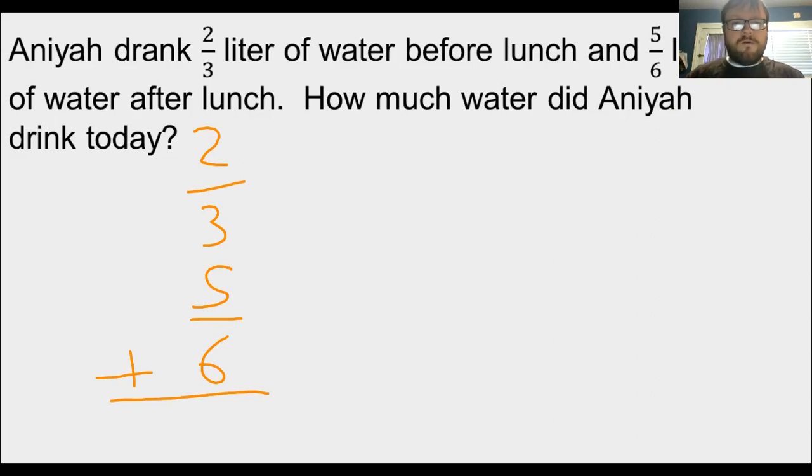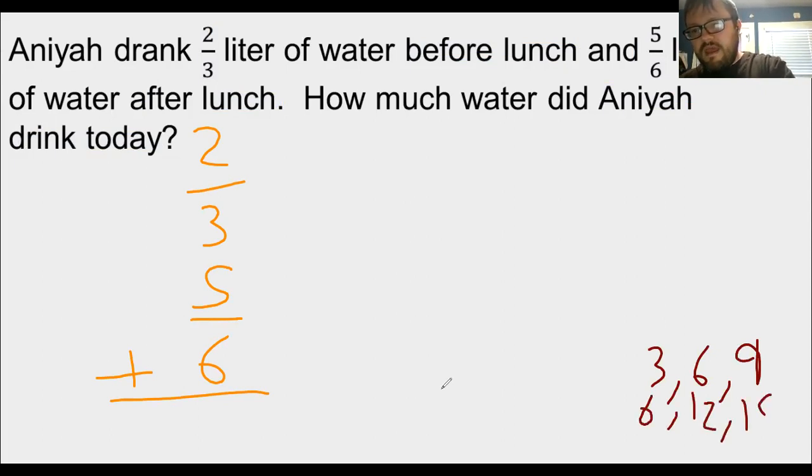The first thing I do is I list out my multiples of 3 and 6. Just do 3, I think that's plenty for this problem. So I'm going to list out my multiples here. So I have 3, 6, 9, and then I list out my multiples of 6: 6, 12, 18. So I look at my numbers and I say, okay, I look at what I call the least common multiple, or LCM.